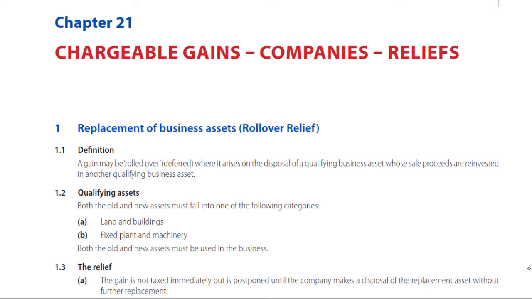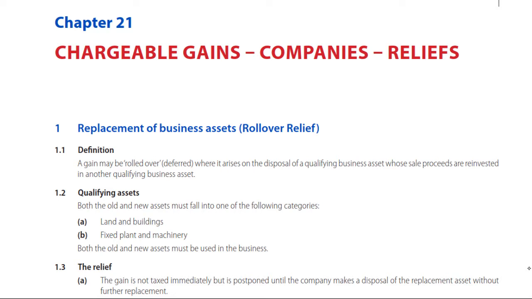Now, if that disposal is of a qualifying business asset, nine times out of ten, if not more, a property used within the trade of the business, then if we reinvest some, if not all, of the proceeds in another qualifying business asset within the relevant timescale, again go back to Chapter 14 and remind yourself of that, but it was within a four-year window of opportunity that ran from 12 months before to 3 years after the disposal date.